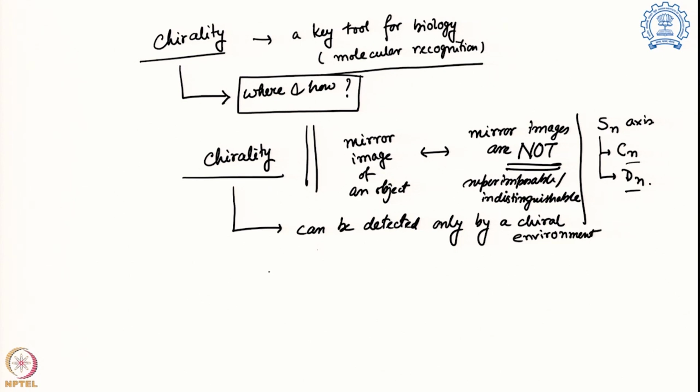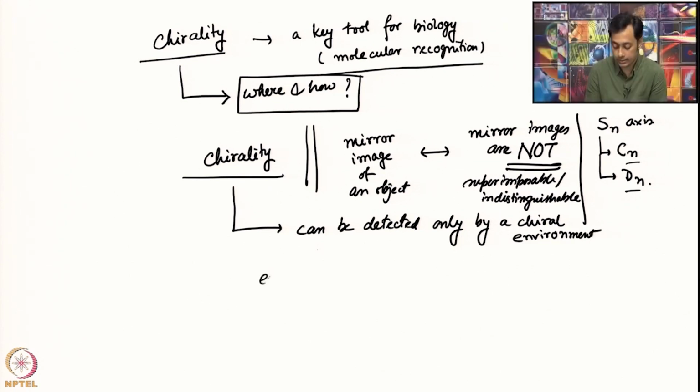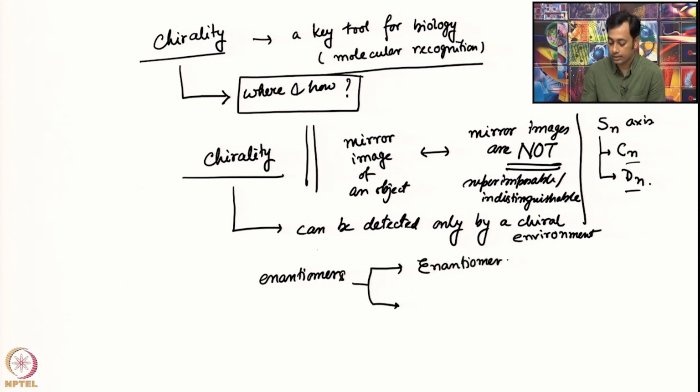Otherwise, the two mirror images, which are known as enantiomers, say enantiomer A and enantiomer B, are very similar molecules. The only thing different is their stereochemistry. They are mirror images of each other and are not superimposable.